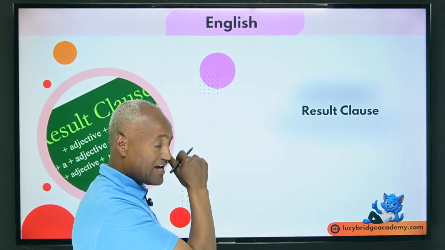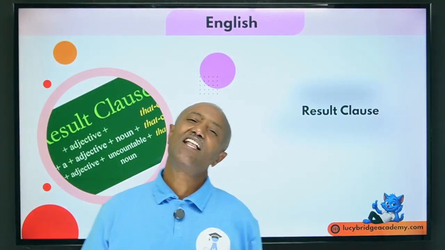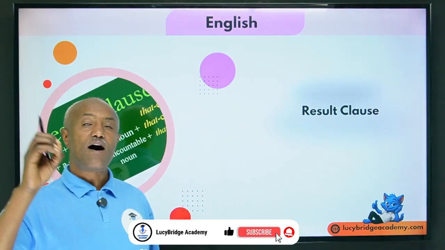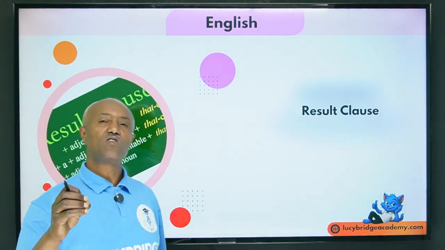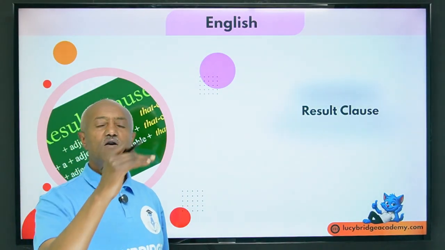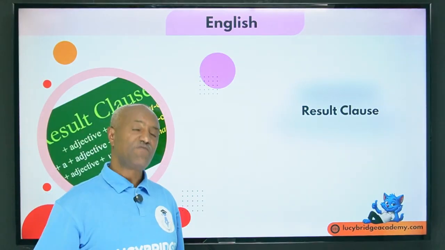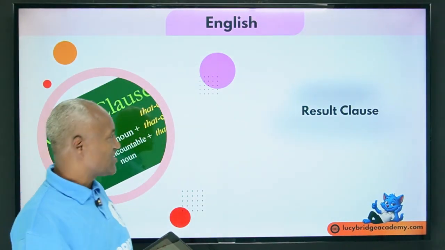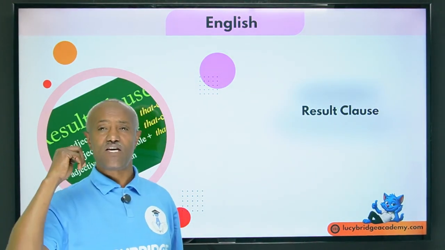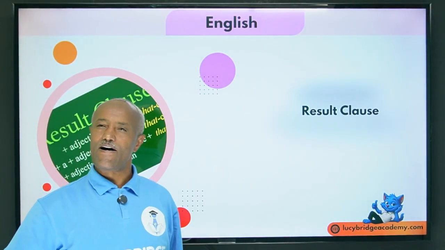Then, as I told you previously, today we see about this result clause. Last time, when we discussed transitional words, according to their category, we have different types of discourse markers, or cohesive devices, or sometimes connectors, that help us to state contrasting ideas.